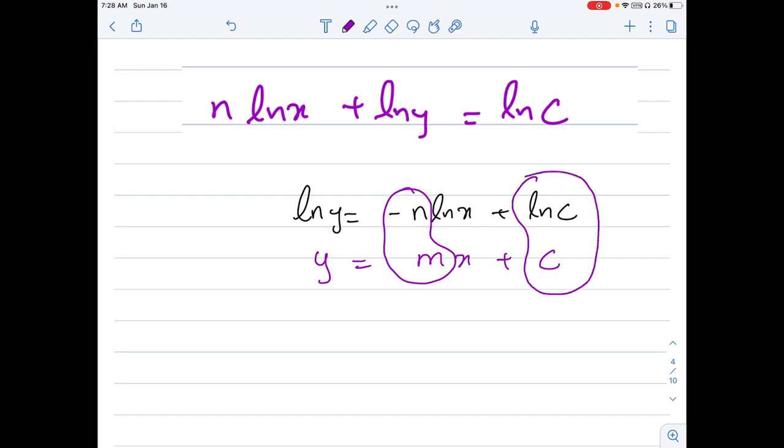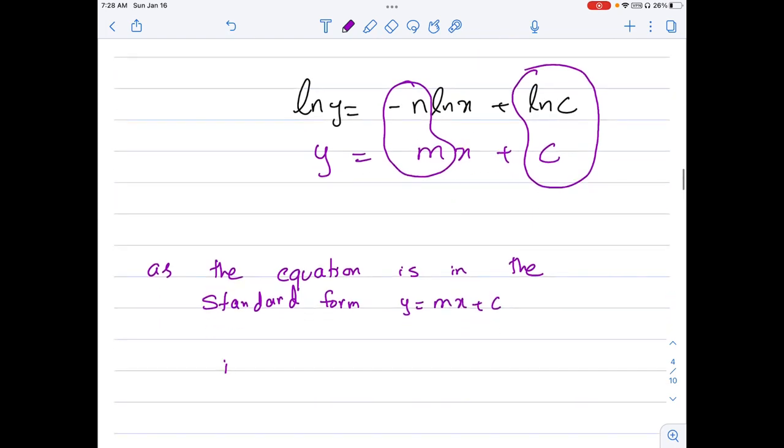So it is in the standard form y is equal to mx plus c, so it is a straight line. As simple as that. That is the reason only 1 mark has been given to that question. So that comes to question number 3.